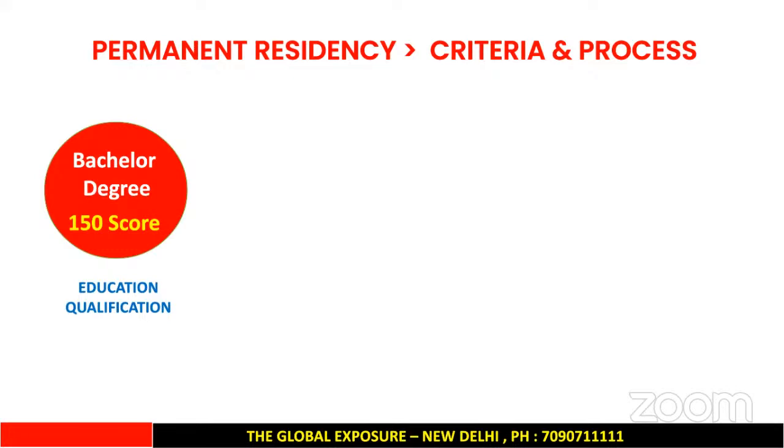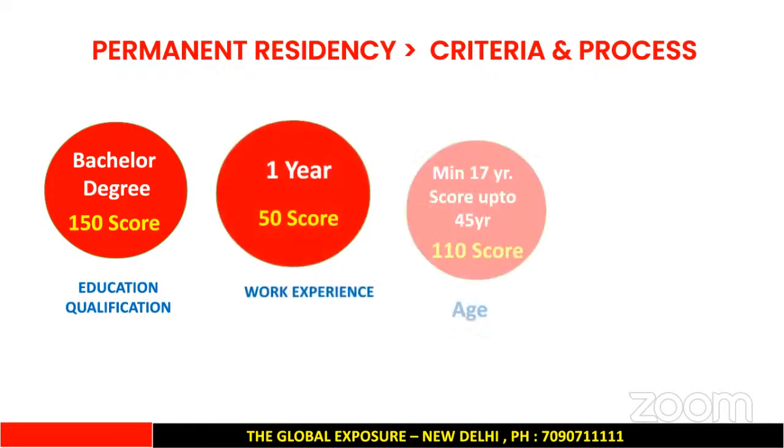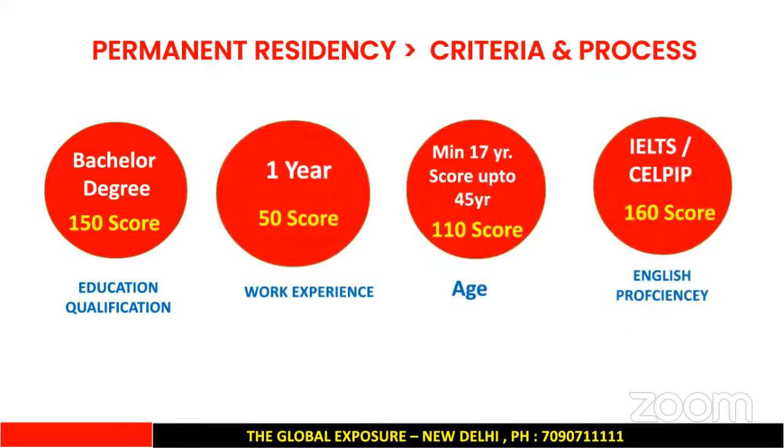So what are the four things which are required in the PR process? You require your bachelor's degree, your 1 year of working experience, your age, which should lie between 17 to 45, and then your English proficiency test, right? On the basis of which you will be evaluated out of the given scores.